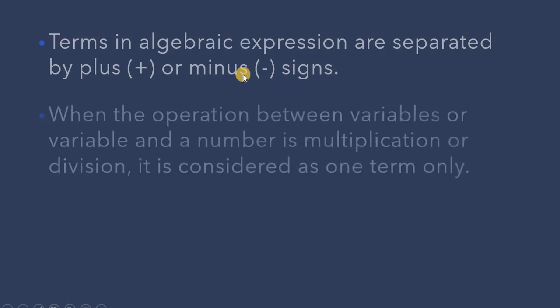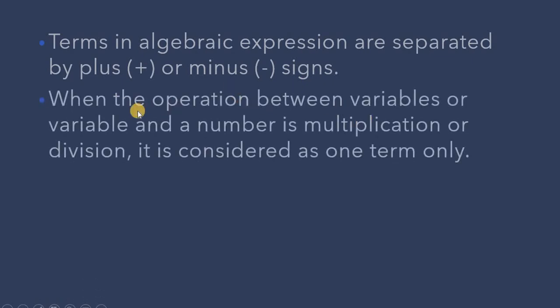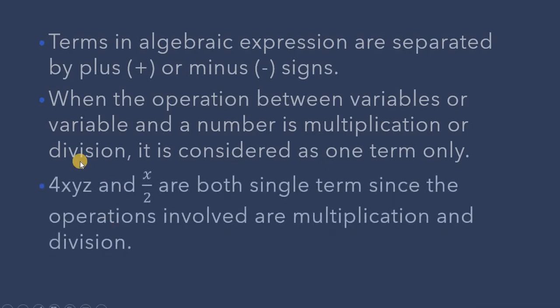Okay, tandaan yan. When the operation between variables or variable and a number is multiplication or division, it is considered as one term only. So kapag ang nasa pagitan ng variables or variable and a number ay multiplication or division, ang bilang sa kanila ay isa lang, isang term lang. Okay? For example, 4xyz. Dahil ang nasa pagitan ng mga ito ay multiplication, isang term lang sila.